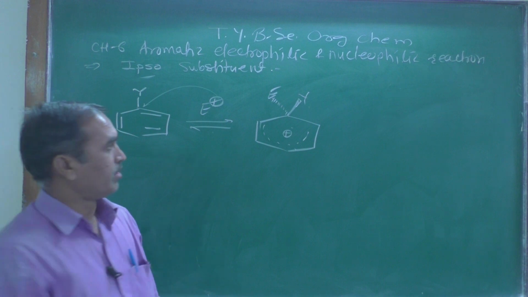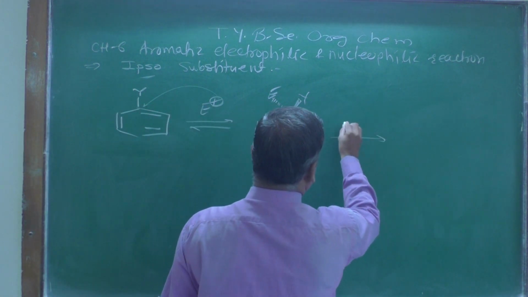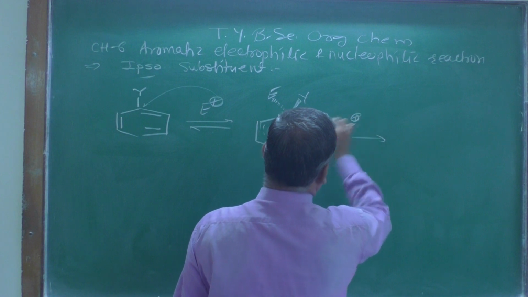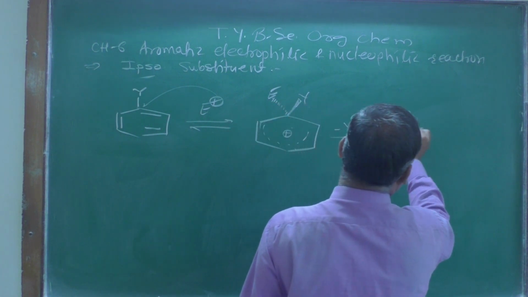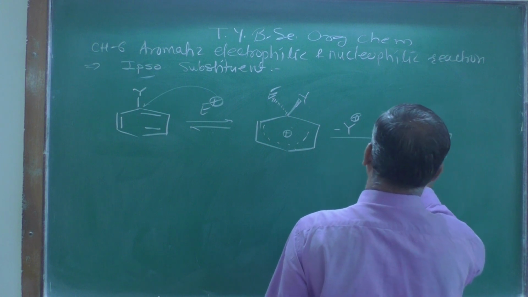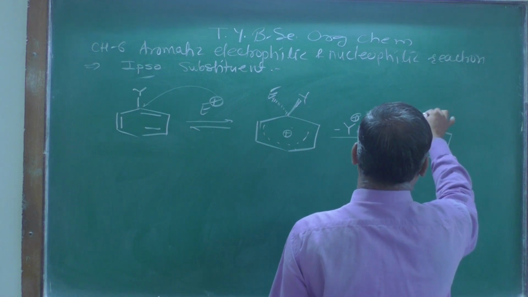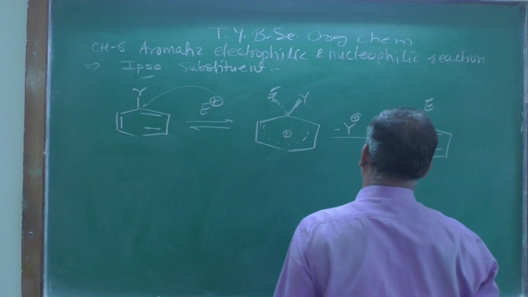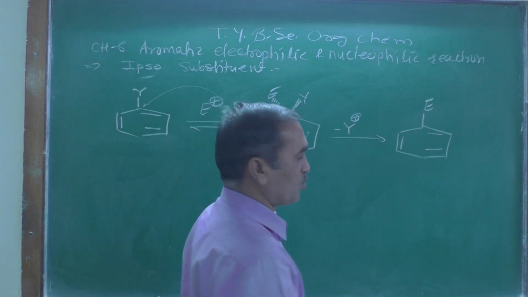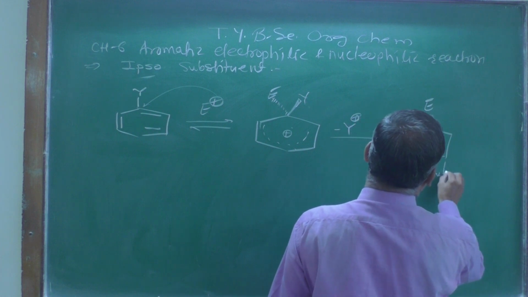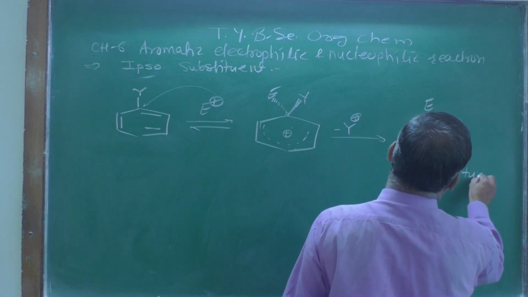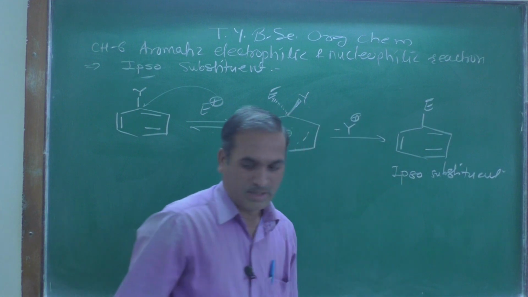And when that Y group is removed from it, we get the product, and this is known as ipso substitution or ipso reaction.